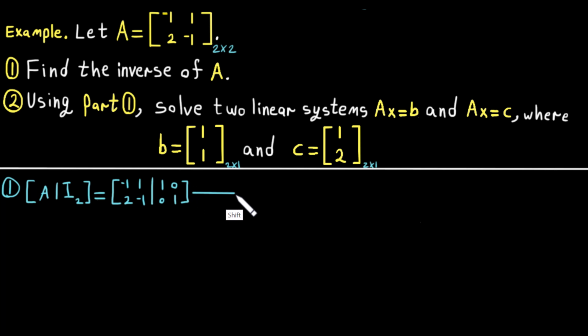Now here, if you apply RREF to the left side, we have to transform this side to identity, so here 1, 0, 0, 1. So we have to multiply this row by -1. This row remains the same, so I will speed up writing this row.